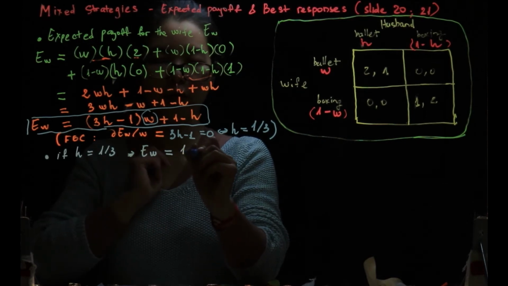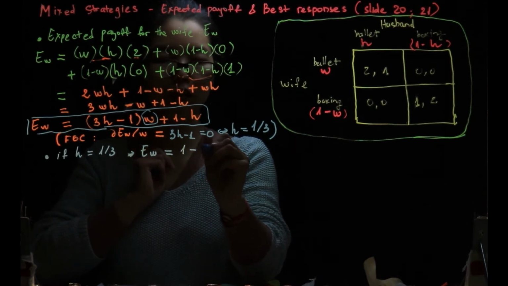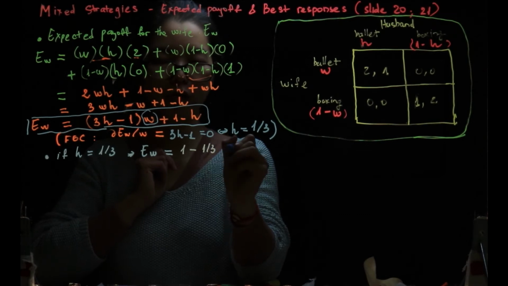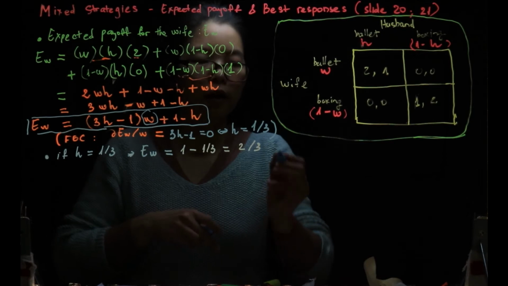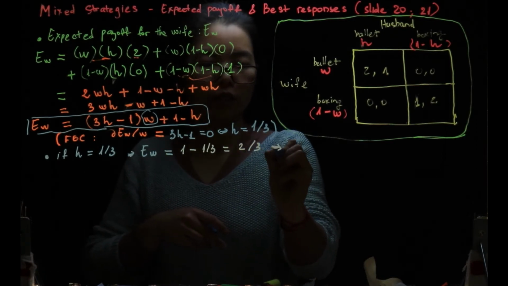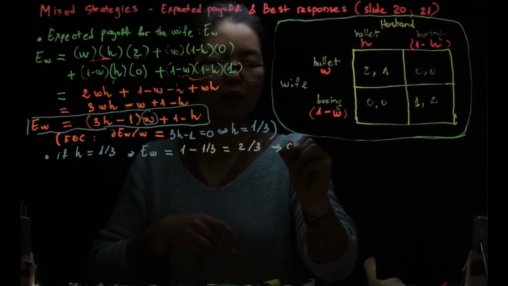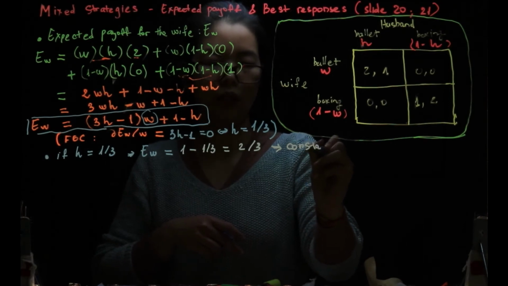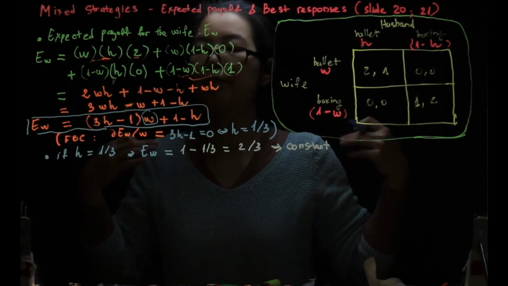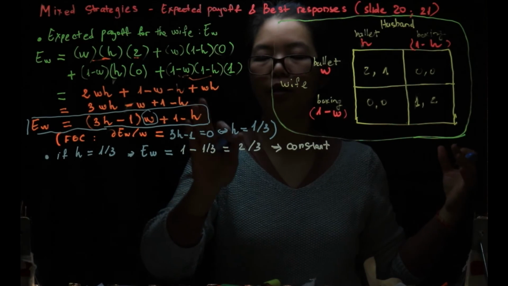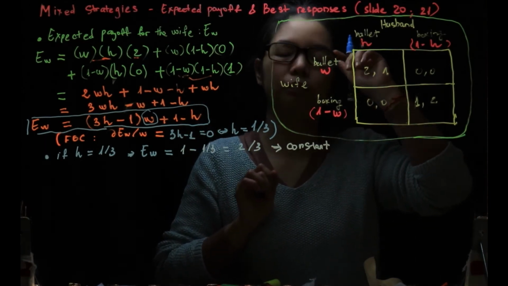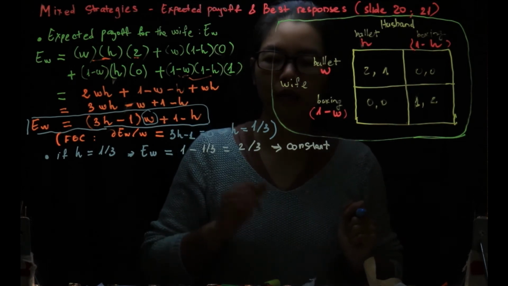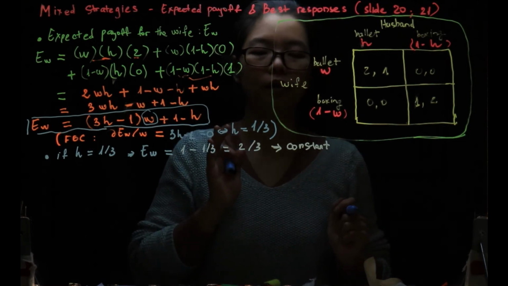So what we have is 1 minus H, which is 1 minus 1/3, equals 2/3. What can you see from this? You can see that it's constant. So the expected payoff of the wife when the probability that the husband plays Bartlett is 1/3 is constant.